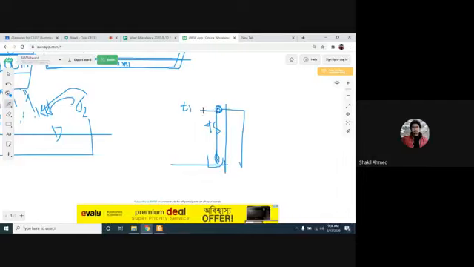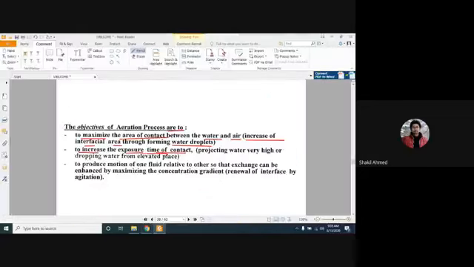So what is the contact time between the water and air? T1, and for example, this is 10 seconds. Now, if you do it from a 20-story building instead of a four-story building, then the time of contact will be much higher, maybe 40 seconds or something like that. So aeration will be higher here. Higher the elevation, higher the contact time, higher the aeration. So increasing the contact time is also a method.